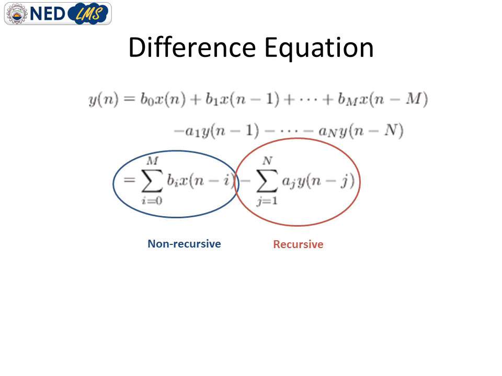So if we are considering the FIR system, y of n is equal to only the non-recursive part, and if we are talking about the IIR filter or IIR system, then the equation can be represented just as written in this slide.